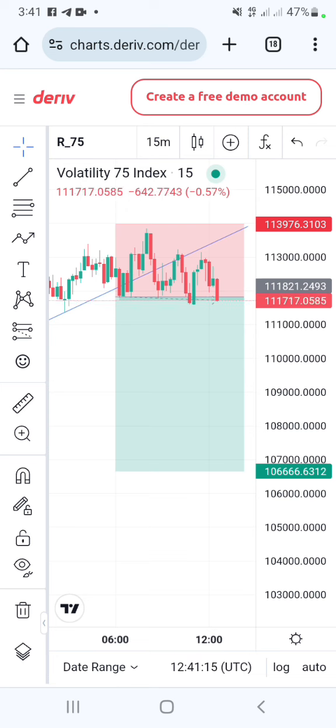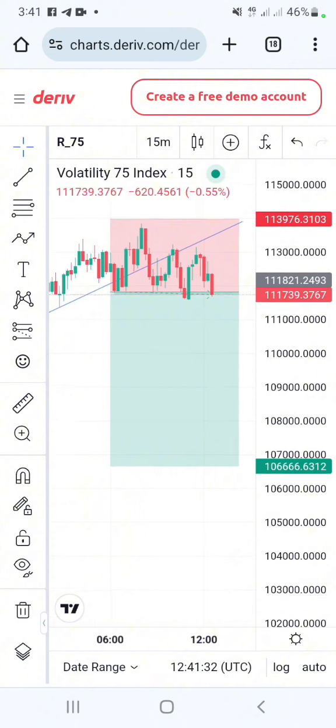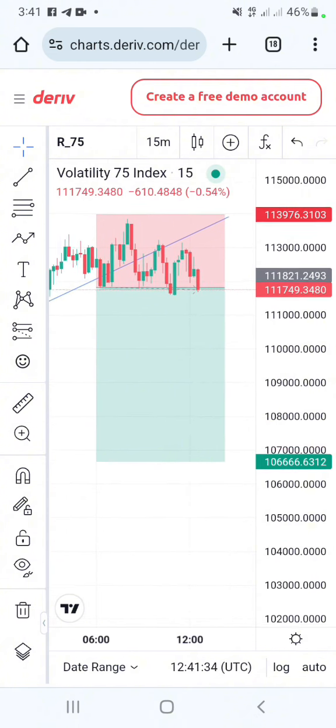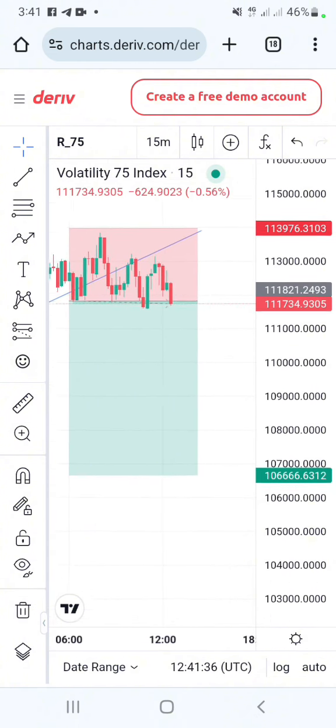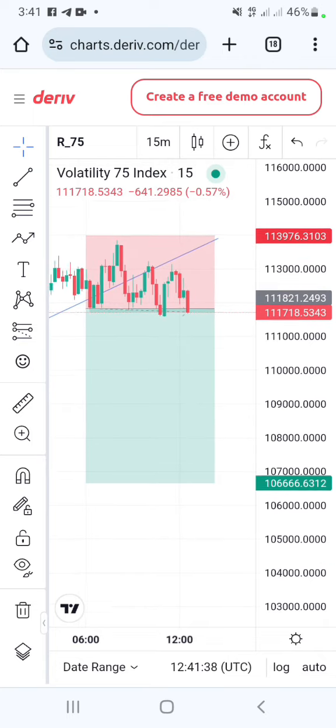So that is the way we can scalp Volatility 75 index by starting on the high time frame, and that high time frame is going to be H4. H4 helps us to understand the overall direction of the market. Why do we always need to be trading in the same direction as the high time frame? Because that is the trend.